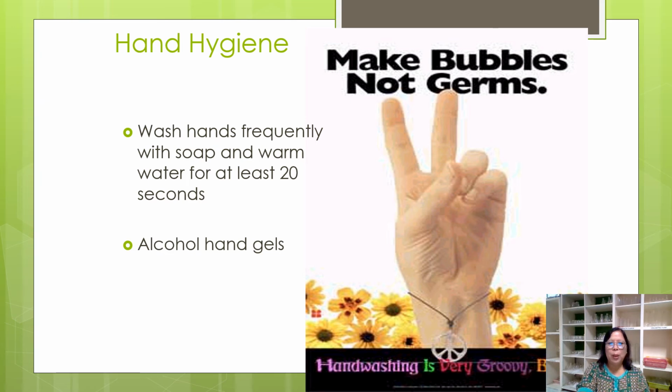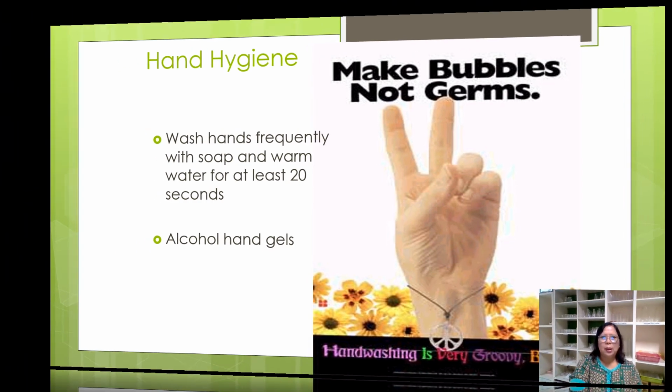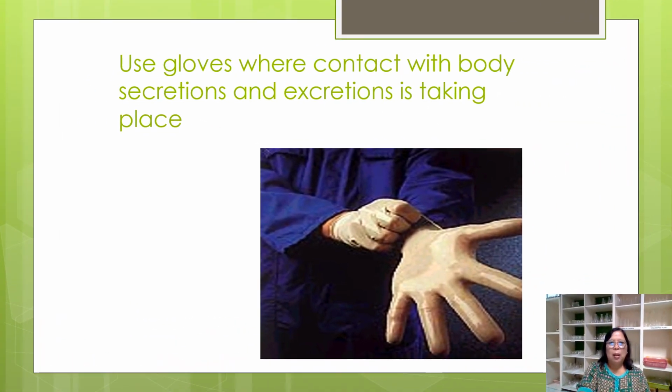Then make use always of our alcohol or even our alcohol gels. Gloves could be recommended if you are exposed or doing some activities that will make the individual susceptible to probable infection.